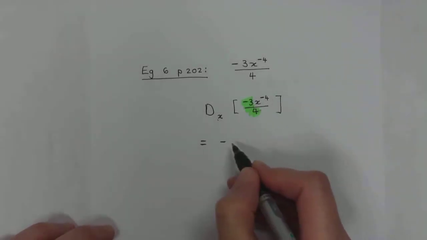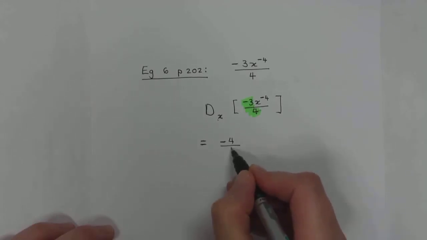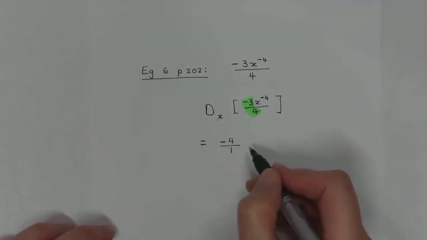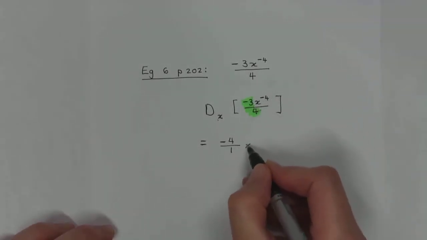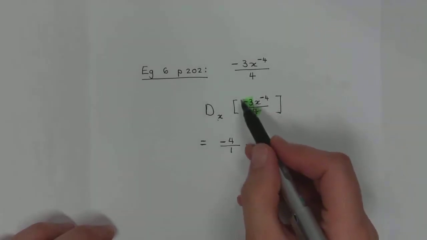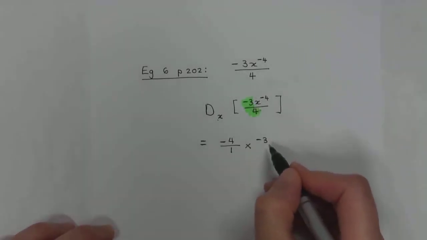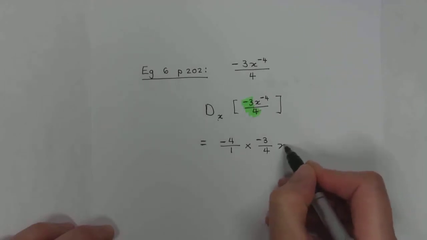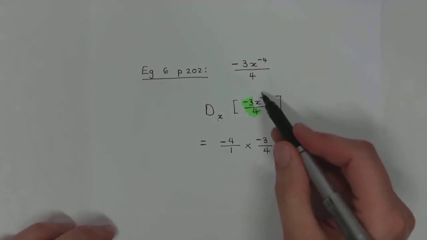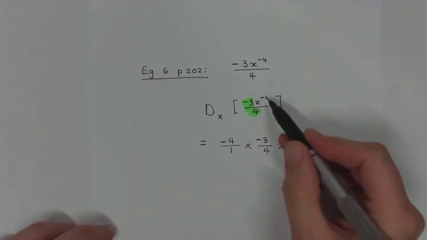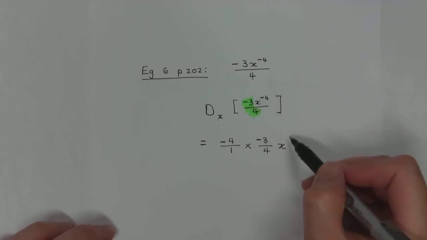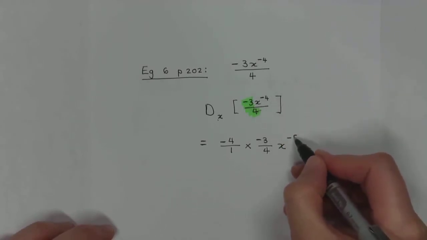So because minus 3 over 4 is the coefficient, I'm going to have to multiply negative 4, and I'll write it out like this, negative 4, and I'll even put it over 1 to make it easier to see. So negative 4 over 1, which is the exponent, must be multiplied by the entire coefficient, which is negative 3 over 4. And then I've got x, and again, I want to make that exponent 1 less. So I want to say minus 4 minus 1 is minus 5.